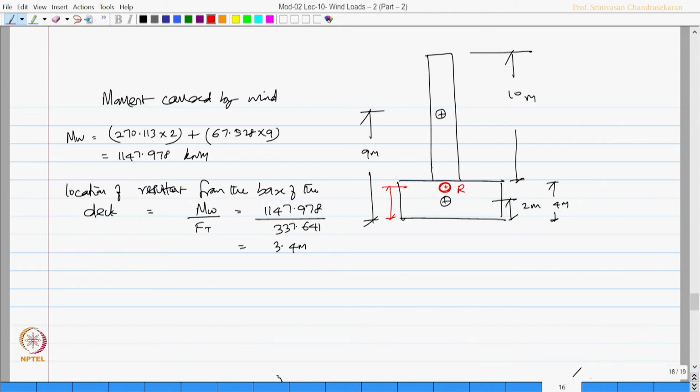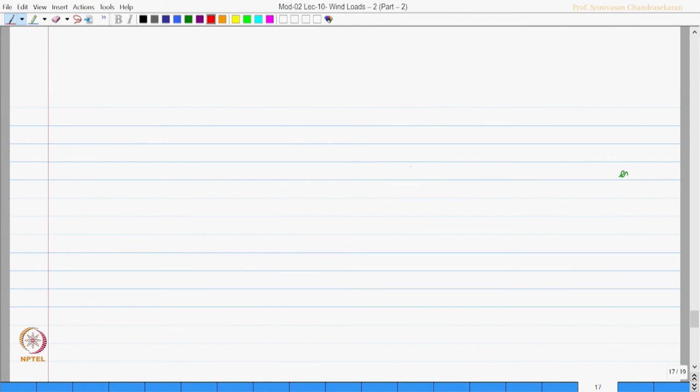Let us solve this problem using API code as well. So, B, using API wind velocity profile. We already gave the governing equation for the spectrum.